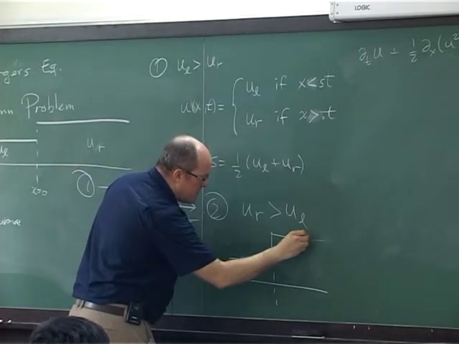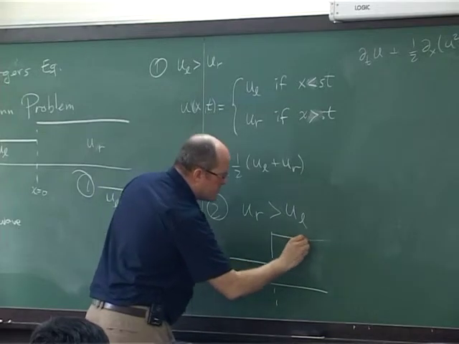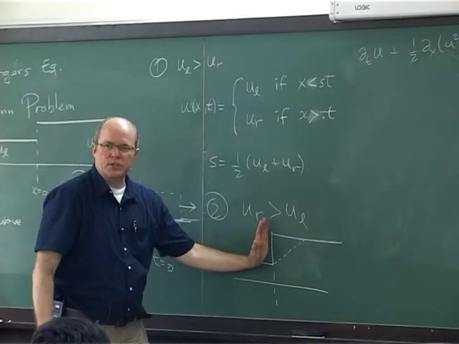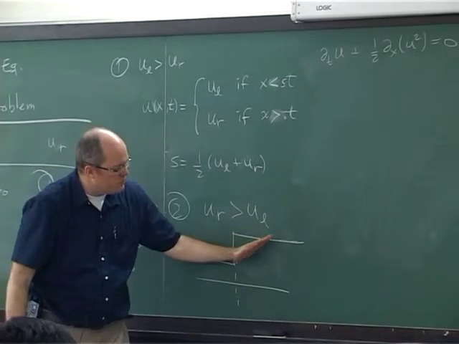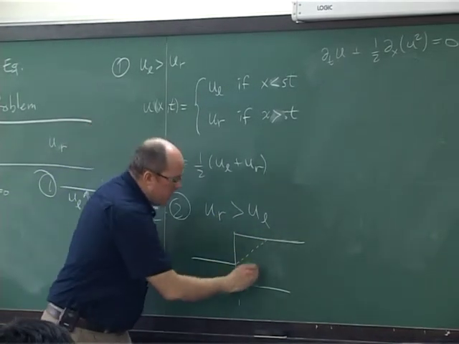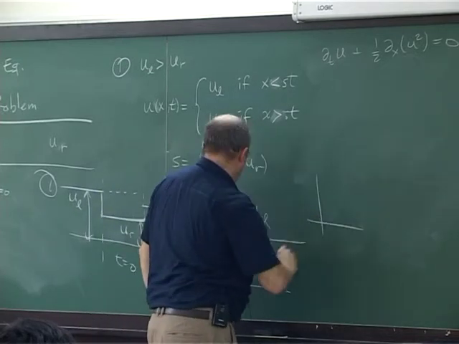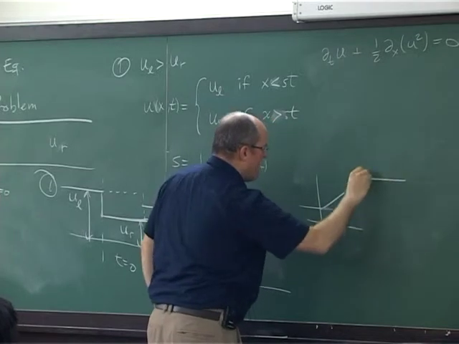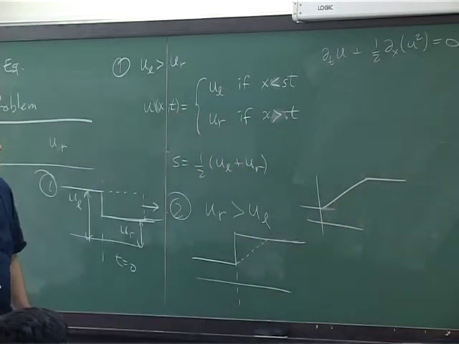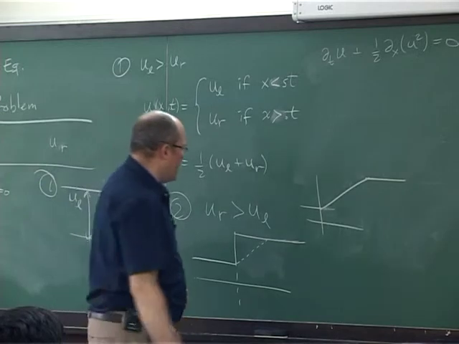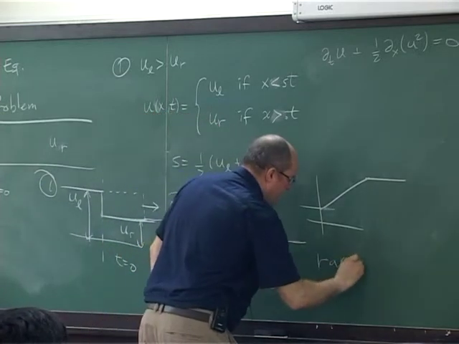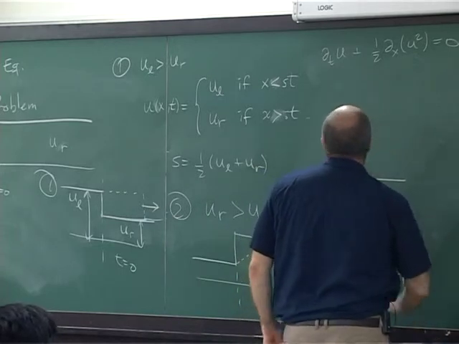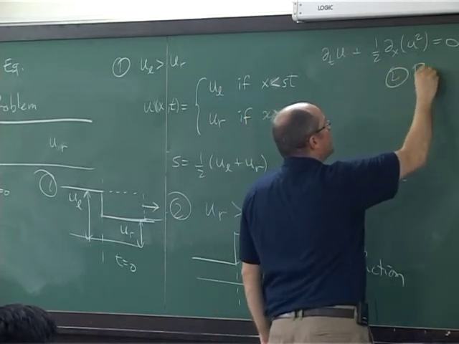What happens is this initial step function starts to move over and become a solution that looks like this. And this is called a rarefaction wave.